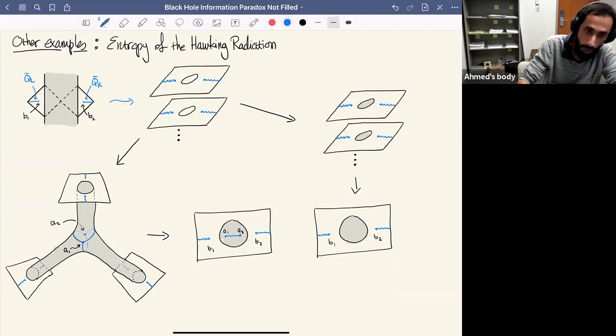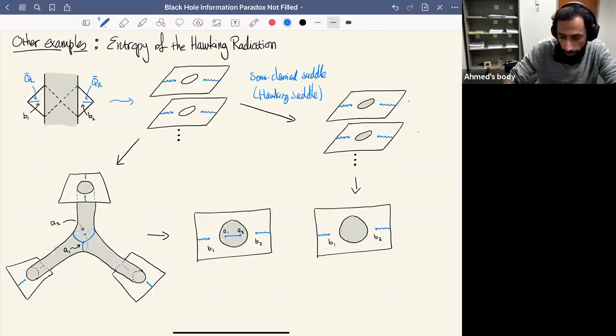One, which you can call the semi-classical saddle, or the Hawking saddle, where the gravity part of each copy of rho to the n gets separately filled in. And so when you collapse it down to the orbifold theory, you get this.